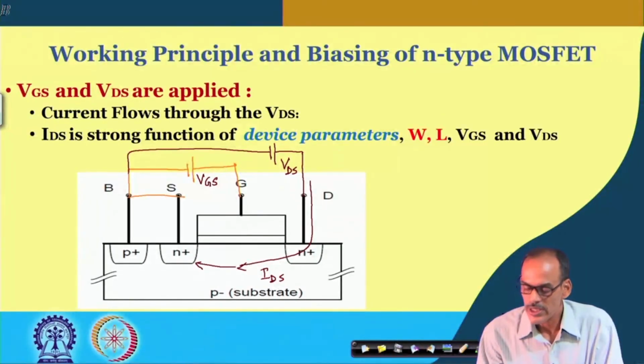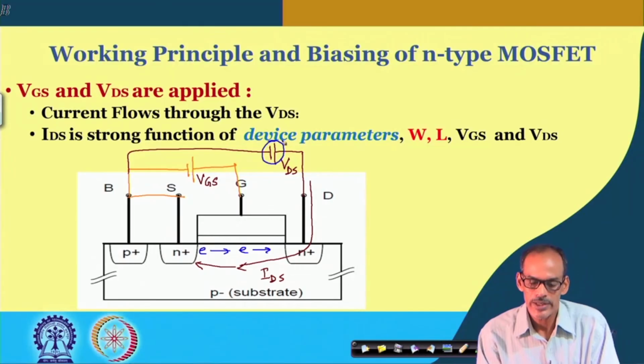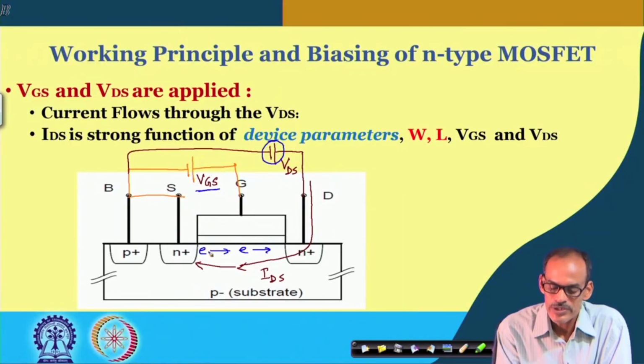and of course, this current is carried by electrons. These electrons are moving from left to right by this field, or by this voltage. You may say this is the lateral field. So, we can say this vertical field is created by VGS, which is changing the concentration of the electrons.